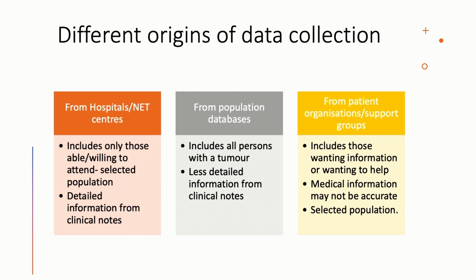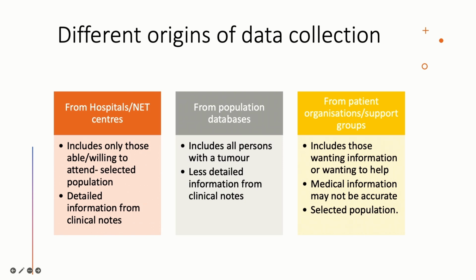So the different origins of data collection. This is really important because what you see in presentations of data is very frequently in the first column here. So it's from hospitals or NET centres. When you look at data that's presented, for instance, survival after a drug, those patients are virtually all from NET centres.